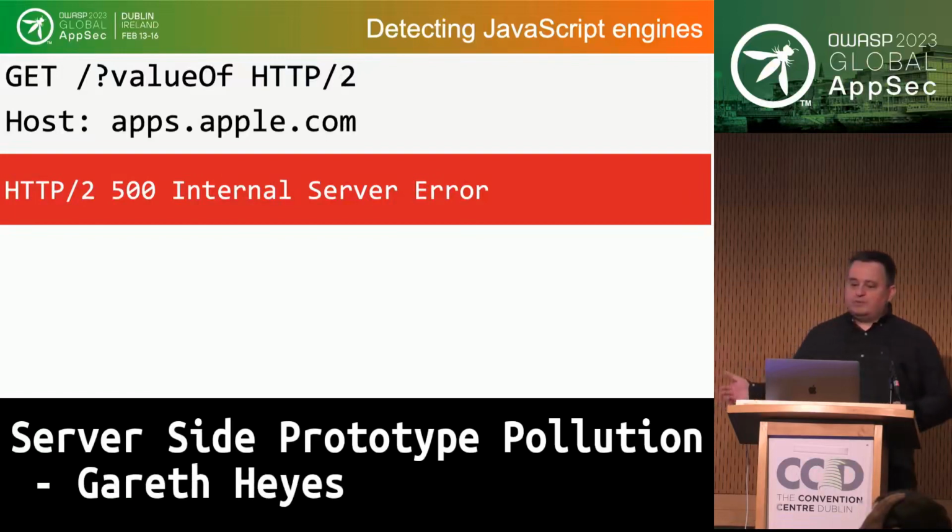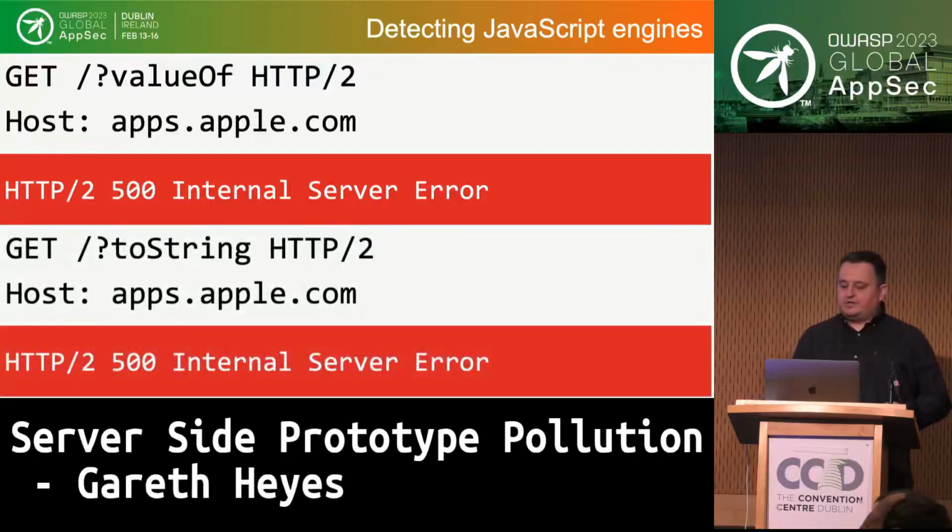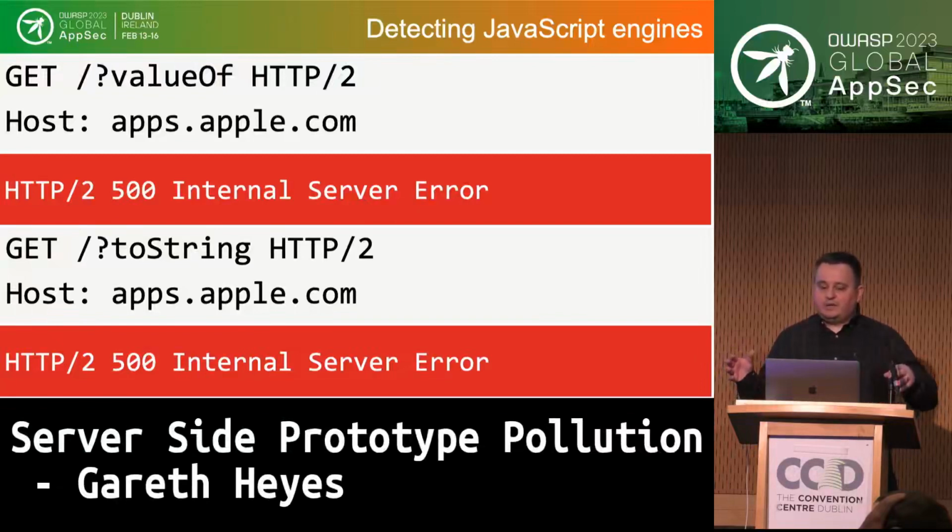But if you use an inherited property like toString, for example, you'll get an internal server error. So the prototype pollution scanner will look for this behavior because it's super interesting, because the server is responding to properties like toString, inherited properties, and valueOf. So it's worthy of investigation for prototype pollution. It will give you a good indication of where to look for prototype pollution.